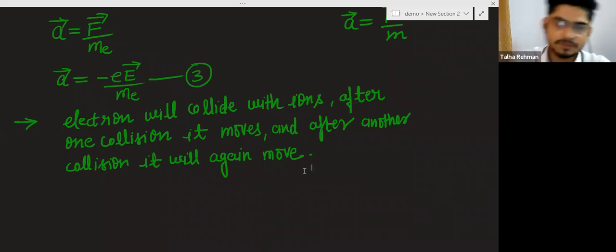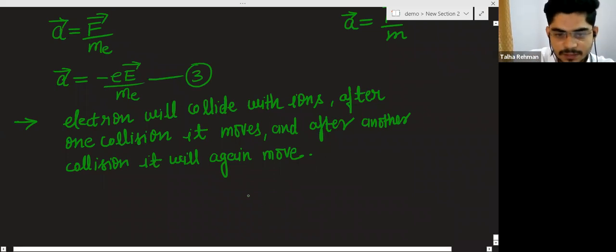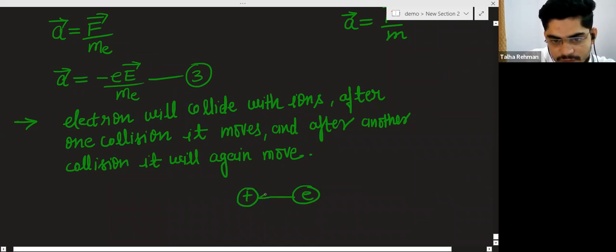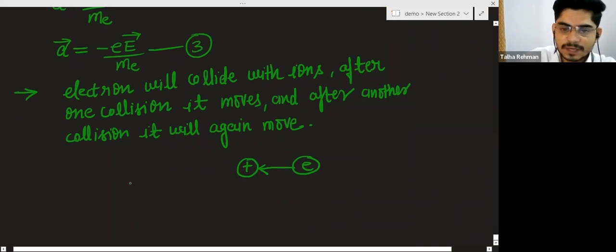So here is a positive charge ion and here is an electron. This electron is moving in this direction and suppose this electron collides with this. After the collision, the electron will move from here.